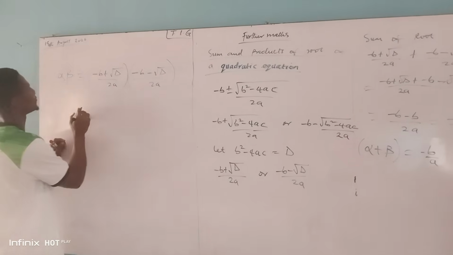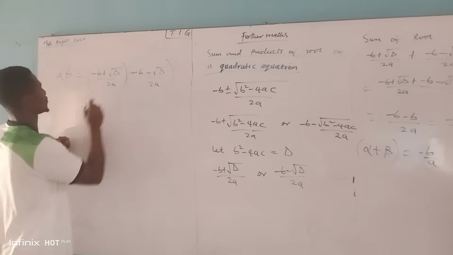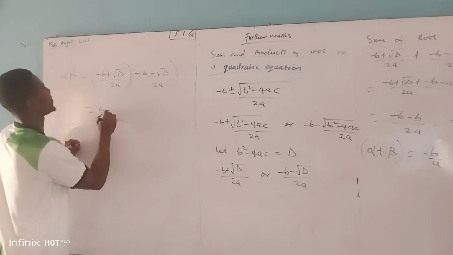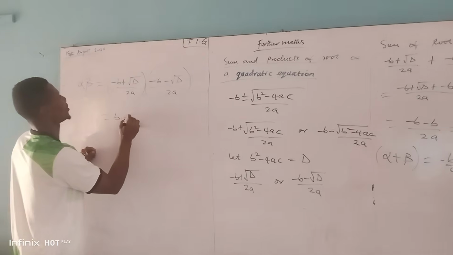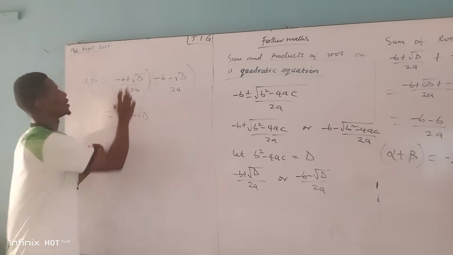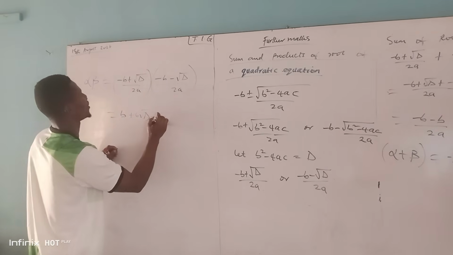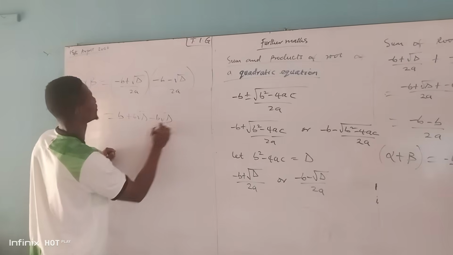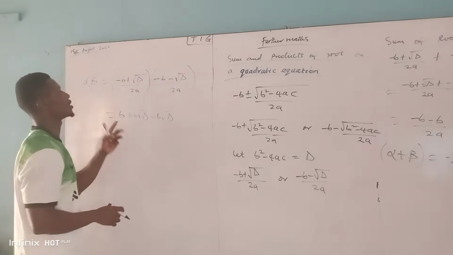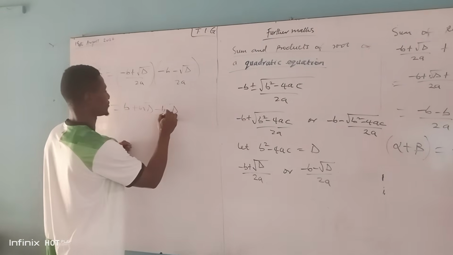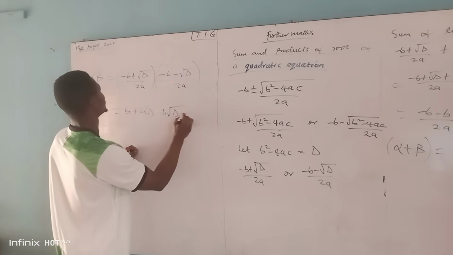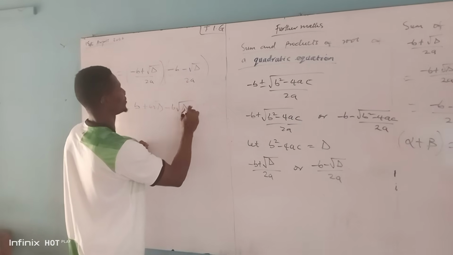Multiplying, this times this gives b squared, this times this gives plus b square root of d, this times this gives minus b square root of d. Then the square root of d times the square root of d gives d, and that will be minus d.